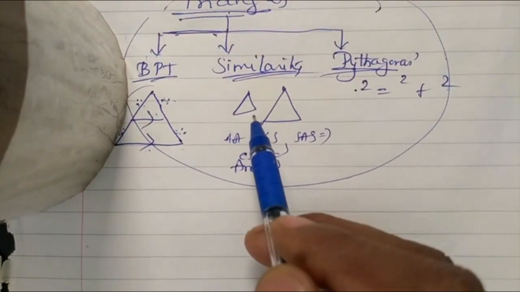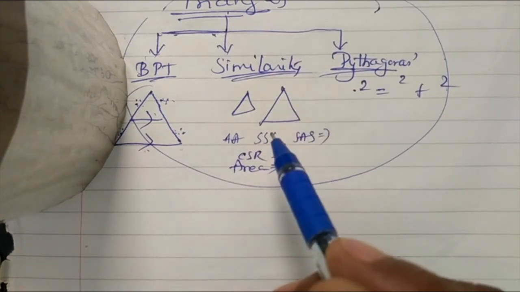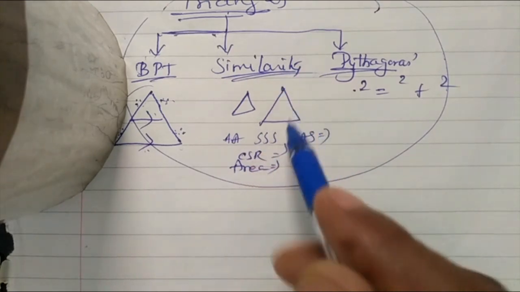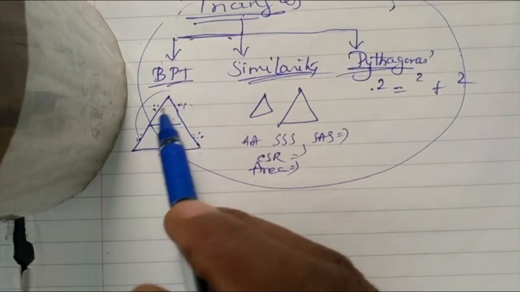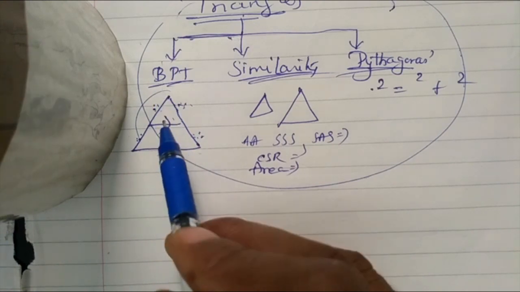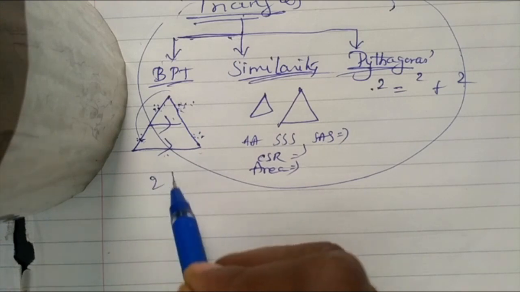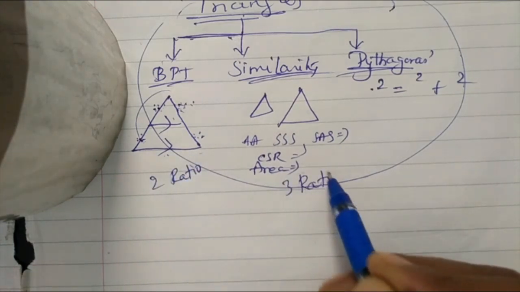In similarity, definitely two triangles will be there, and we write corresponding sides ratios. There are three corresponding side ratios and three angles. In BPT, we are not writing three ratios, we are writing two ratios. So here two ratios come, here three corresponding ratios come.